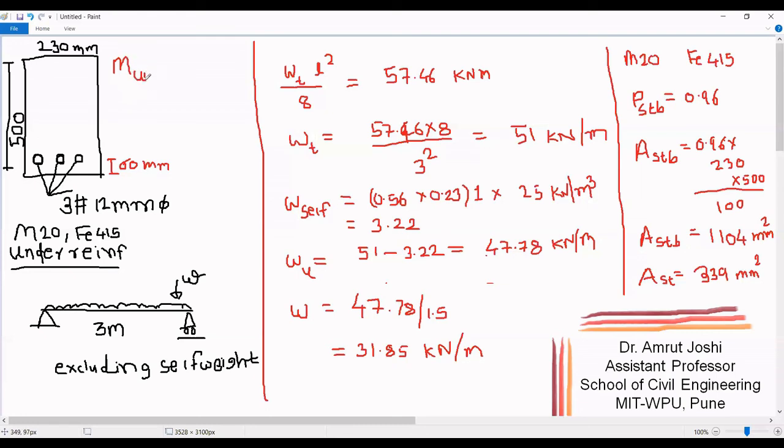calculate moment of resistance of balance section with this dimension. It is going to be RUB into BD square. So RUB for M20 and Fe415, we know that it is 2.76. We have done this in the last short video, multiplied by 230 into 500 square.